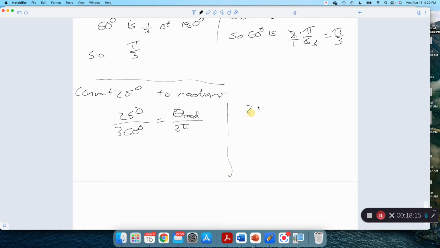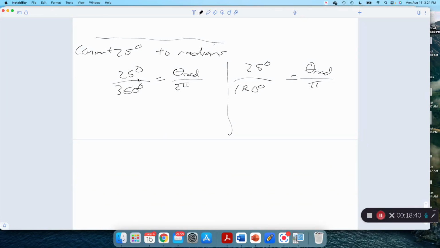Or, and I'm going to do this both ways just so you can see it, I recommend in practice you pick one or the other of these formulas, and then I'm writing down the same formula. Pick one or the other and just always use the same one. I could do 25 out of 180 is that same angle out of pi. So here, let's do a little canceling.